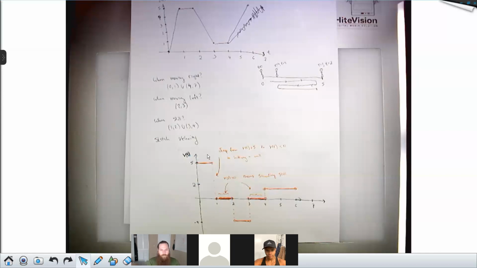And the only place where you would see a literal immediate drop off like this is if you smack into a wall or something like that, where you have an impact that brings you from a non-zero velocity instantaneously to a zero velocity. In other words, this guy is having a really bad time right here. You've heard the old saying, it's not the fall that kills you, it's the sudden stop at the bottom. This is a very sudden stop.